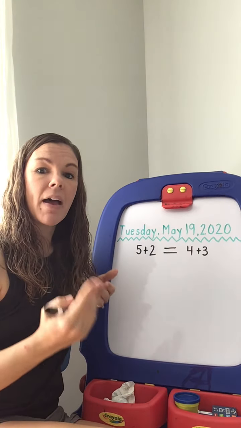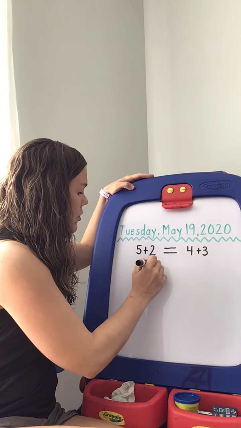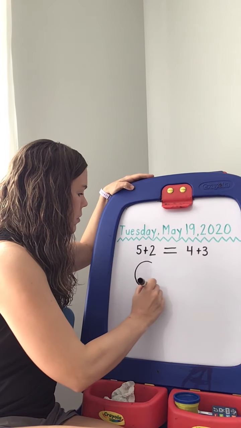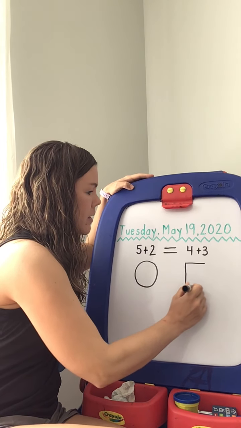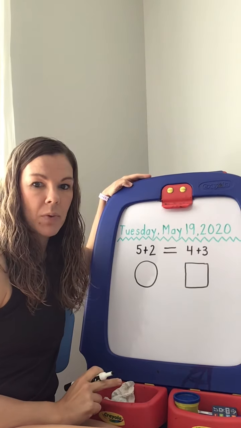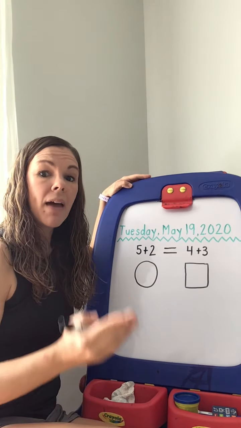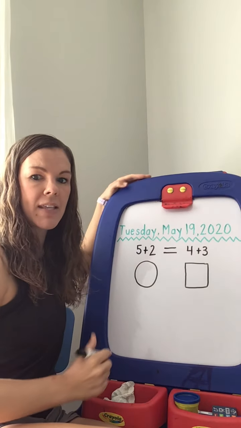When you have a problem presented to you like this, what I want you to do is either draw a circle or a square or something underneath each side of the equal sign, okay? Because this will help us to identify if the amounts are the same.